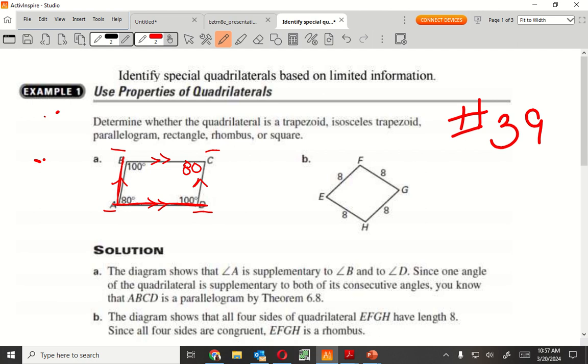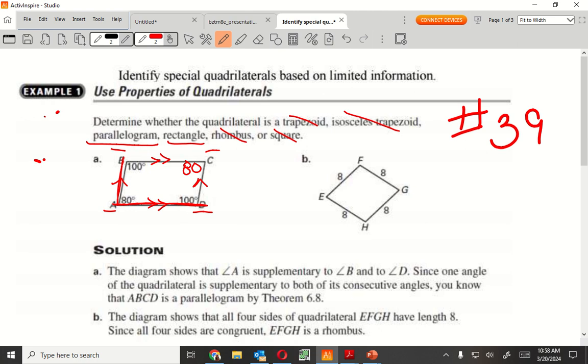So that leaves me, so the rhombus and square, isosceles trapezoid and trapezoid are all gone. So it's either a parallelogram or a rectangle. Which one is it? We can look back at the notes. What's special about a rectangle? 4 right angles, right? Does this have 4 right angles? No, it doesn't.